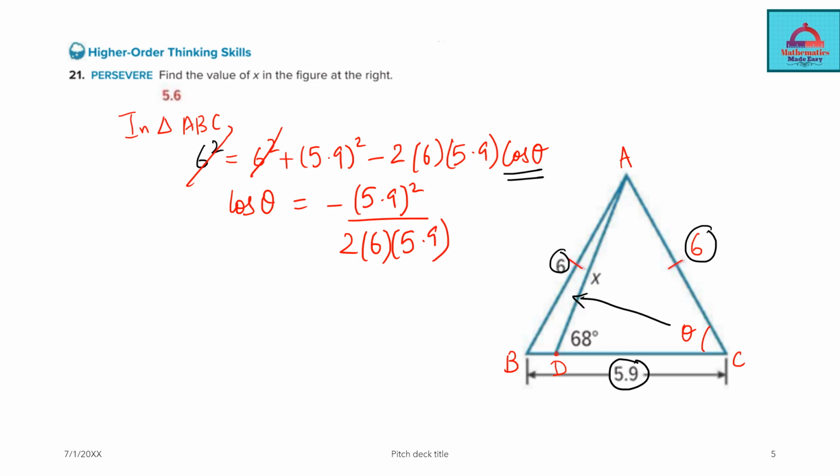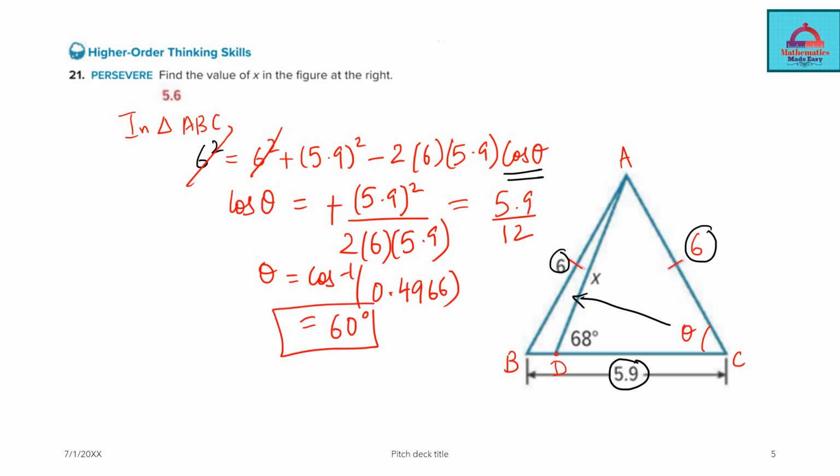So this is going to be plus now because I'm going to change the sign. Now if you simplify, this comes out to be 5.9 divided by 12. So theta is going to be cos inverse of 0.496. This is the decimal, so this comes out to be near about 60 degrees. So the angle theta we have got now.